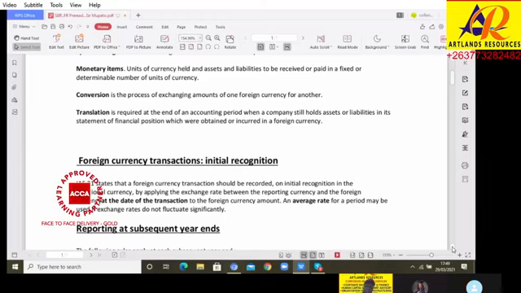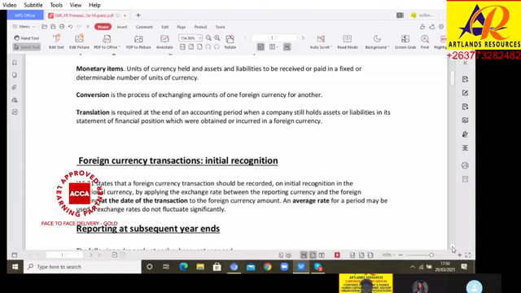In Zimbabwe, your presentation or functional currency is the Zim dollar. If you buy a combine harvester in foreign currency, you have to convert that cost from Japanese yen to dollars. So this is key number one.